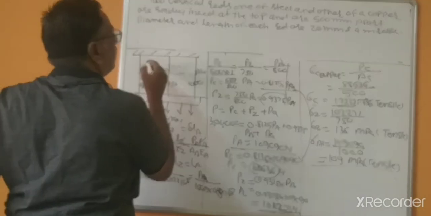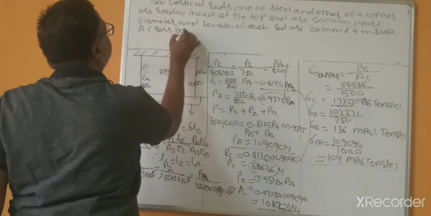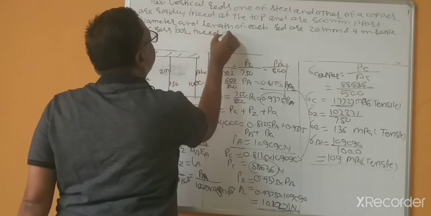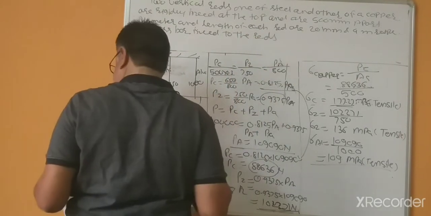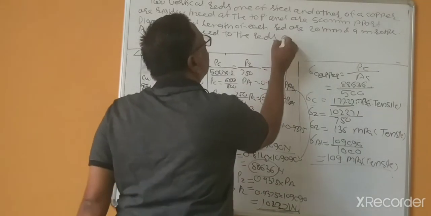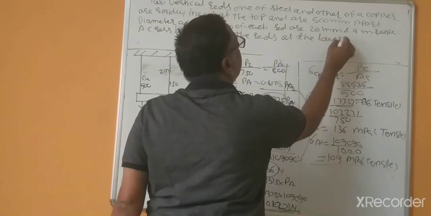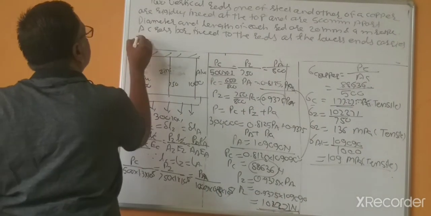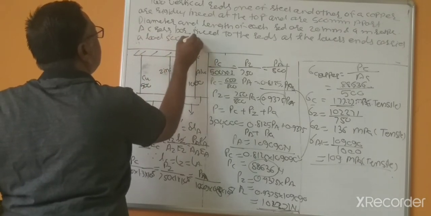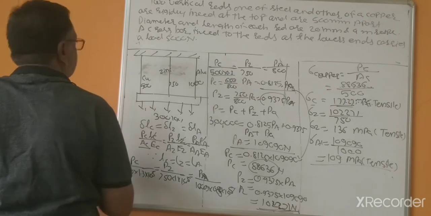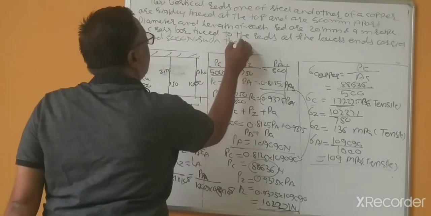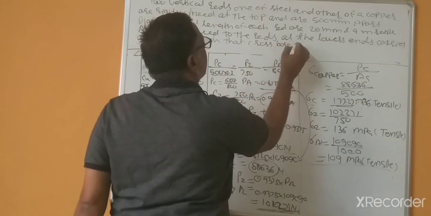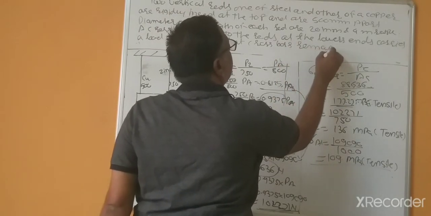A crossbar fixed to the rods at the lower ends carries a load of 5,000 Newton, such that the crossbar remains horizontal.